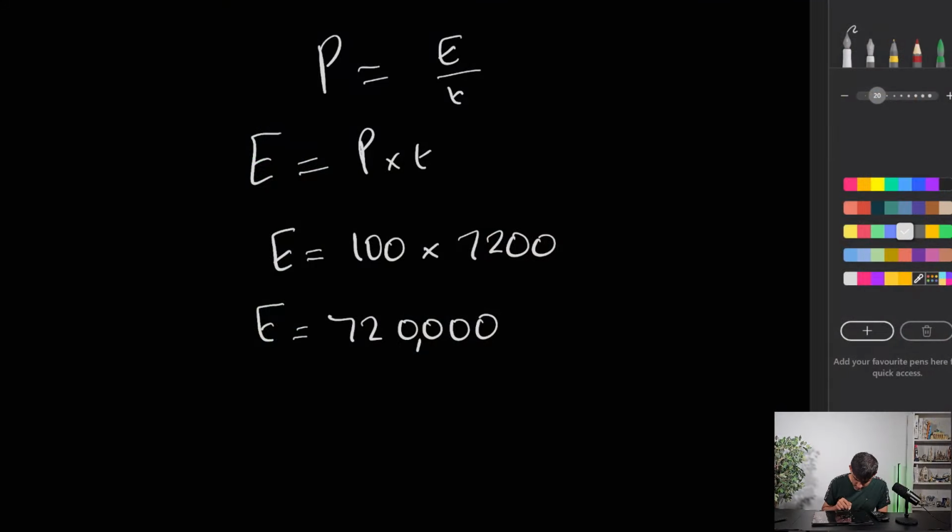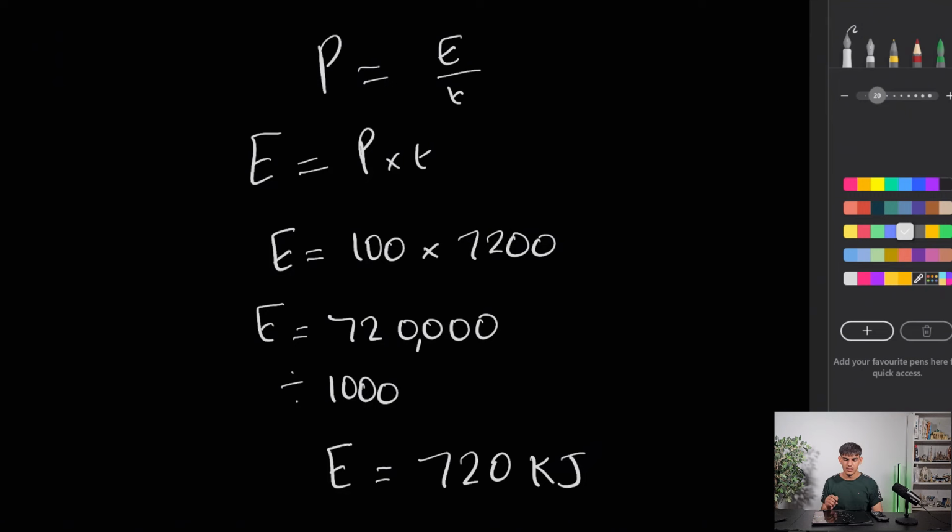However, the question wants us to give the answer in kilojoules, so all we do is divide this value by 1,000. So E is going to be 720,000 divided by 1,000 equals 720 kilojoules. And there we go, we've worked out the energy transferred in kilojoules.